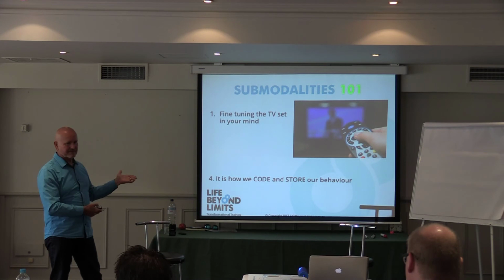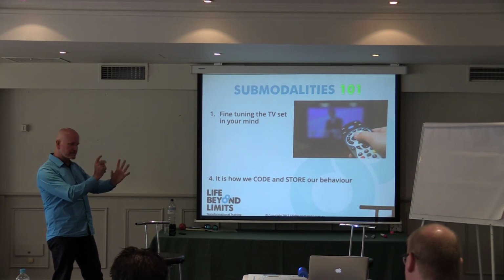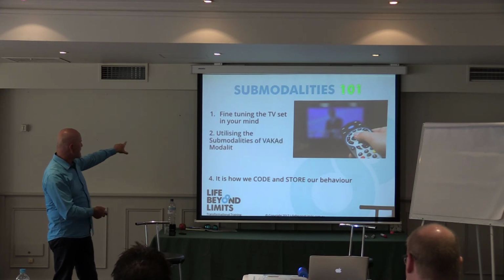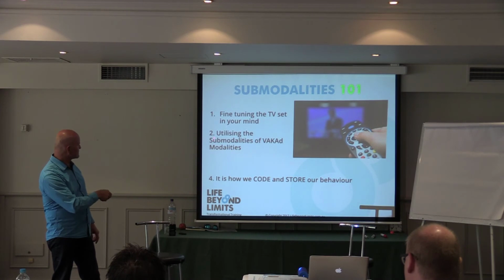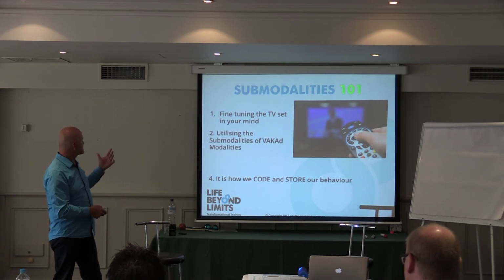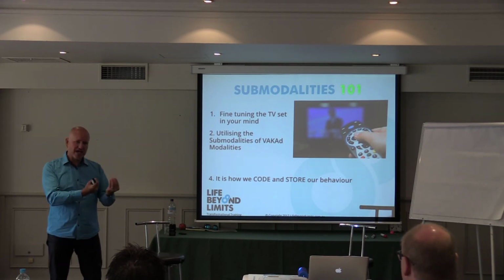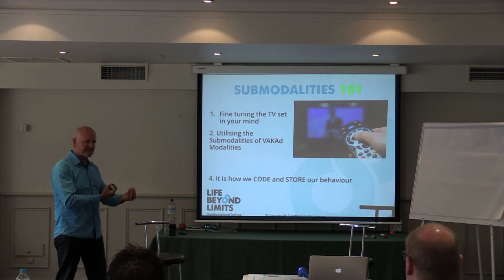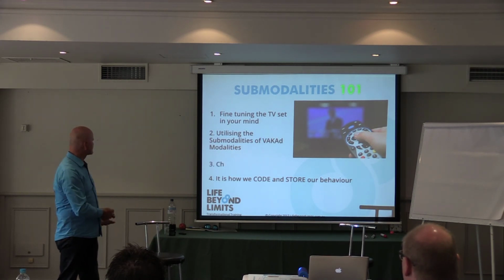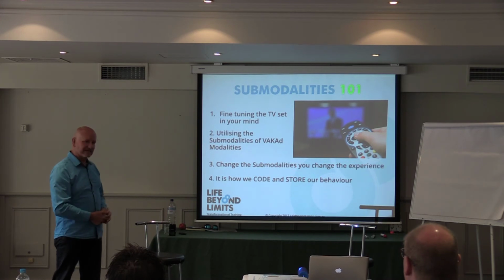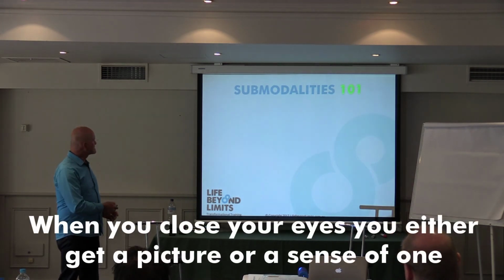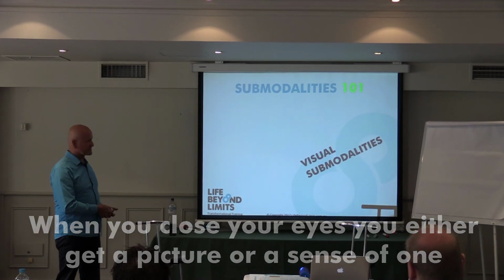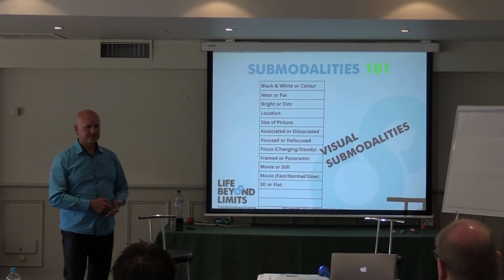Submodalities, as I mentioned earlier, is how we code and store concepts in our mind. And when we utilise these, the VAKAD of the submodalities, then essentially we can change our representation, how we represent things. So you change the submodalities, you change the experience. Visual submodalities, for example, look a bit like this.